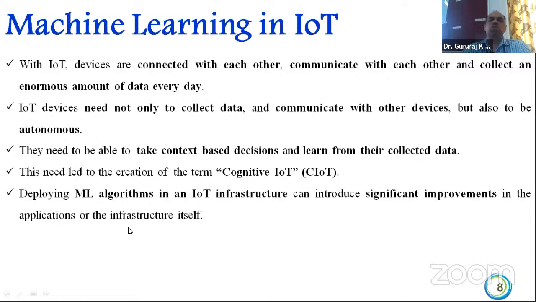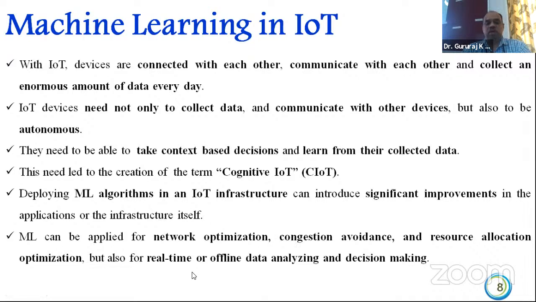So we need more and more applications, more and more interfaces, and the infrastructure has to be enhanced so that our applications become more useful. Machine learning can be used for network optimizations, congestion avoidance, resource allocations, and various real-time and offline data analysis and decision making based on all that data.